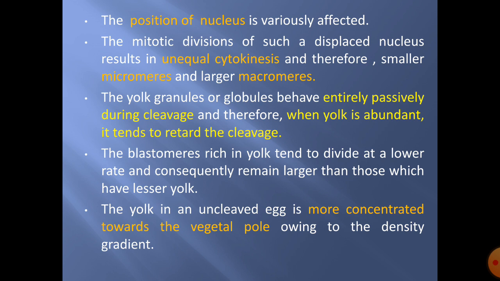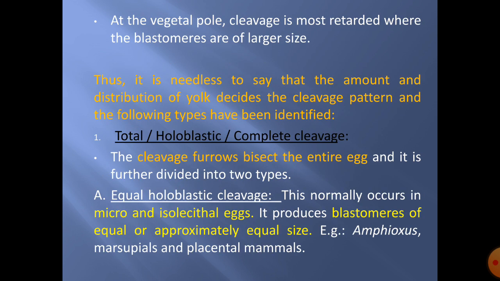This settling down of the yolk more towards the vegetal pole is due to density gradient. At the vegetal pole, cleavage is most retarded and the blastomeres are of larger size. Thus, it is needless to say that the amount and distribution of the yolk decides the cleavage pattern, and accordingly, the following types of cleavages have been identified.